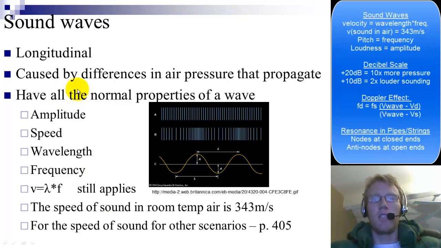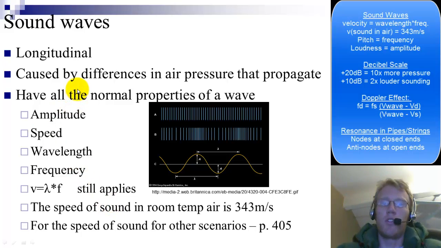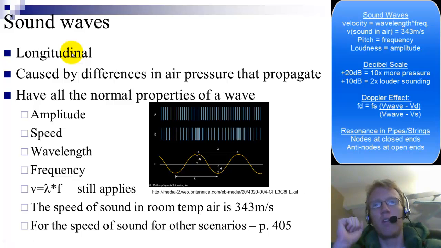So the first thing is, if you recall, there were two types of waves. One was transverse, one was longitudinal. Longitudinal means that the physical disturbance, the motion of the particles, is in the same direction the wave is traveling. So with a sound wave, if it's traveling through the air left to right in this picture, then the physical particles are going to oscillate back and forth, left and right.